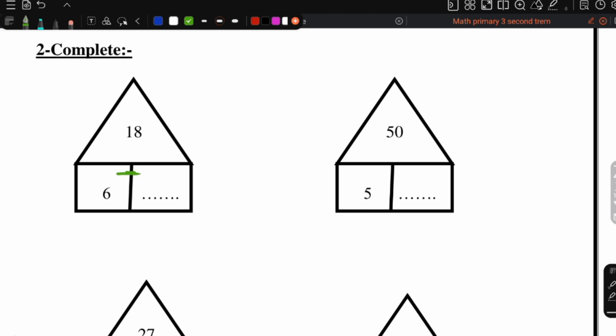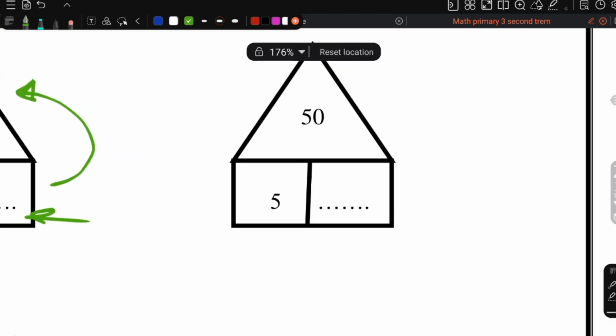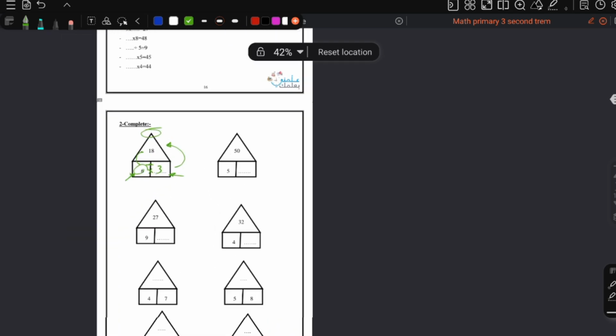We can multiply these two small factors to get the product up. The up number will be the product, and the two small numbers down will be the factors. So 6 times what number gives me 18? Yes, exactly 3.